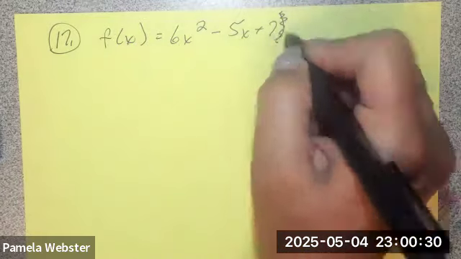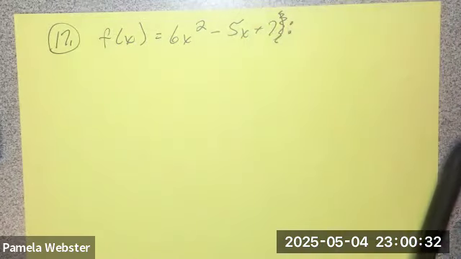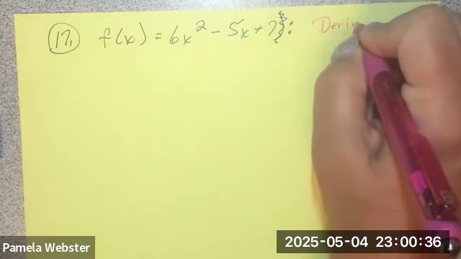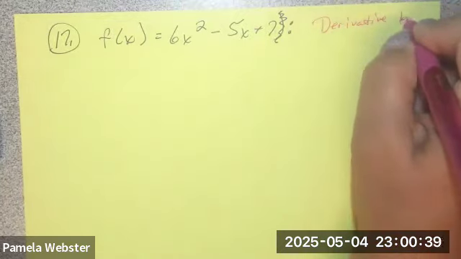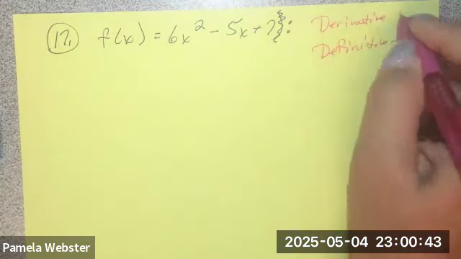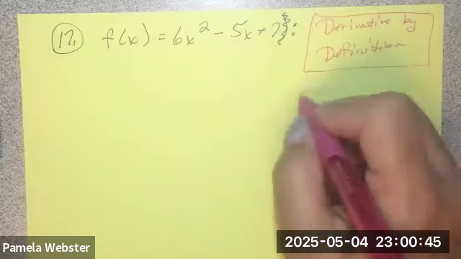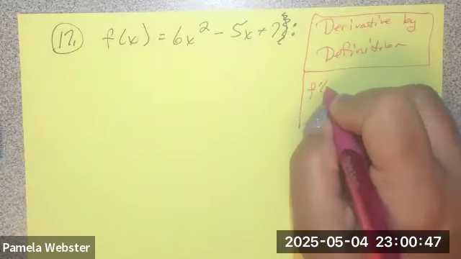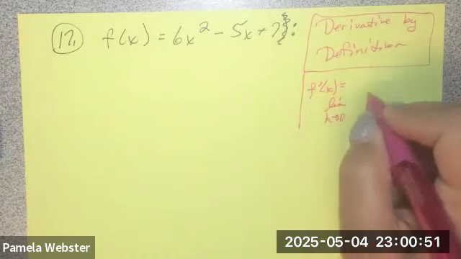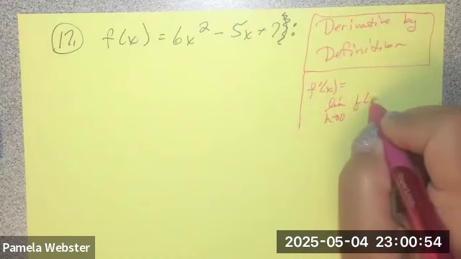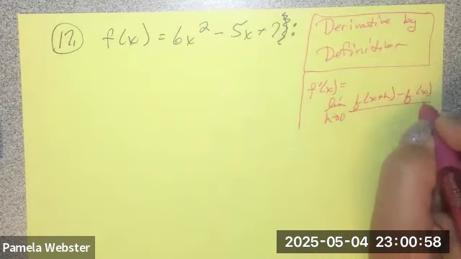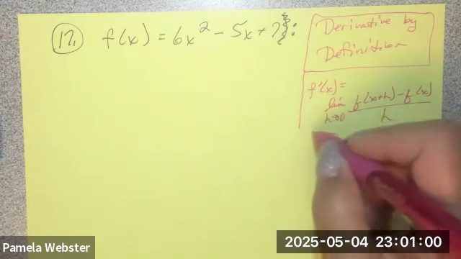Okay. Oops. And what we want to do is we want to show the derivative by definition. Okay, derivative by definition. So if you'll remember, f prime of x equals the limit as h goes to 0 of f of x plus h minus f of x all over h.